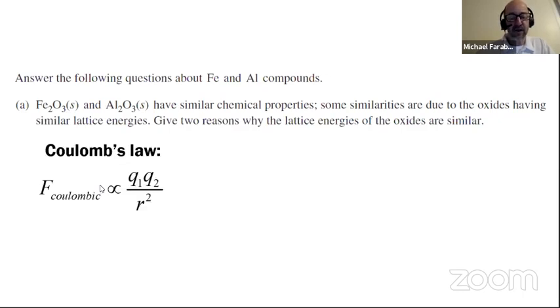So that's Coulomb's law. And of course, Coulomb's law works in a variety of settings. It has to do with the attraction between either charged particles or the attraction between polar molecules or the attraction between the nucleus and the electron. So just a variety of ways in which you can talk about Coulomb's law.